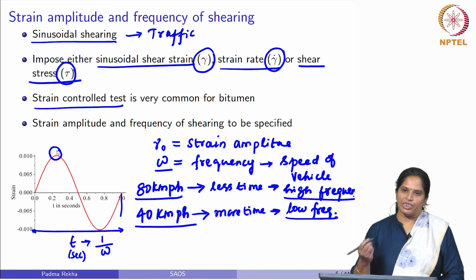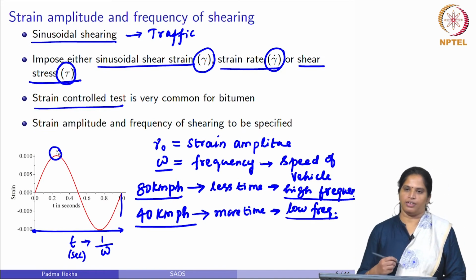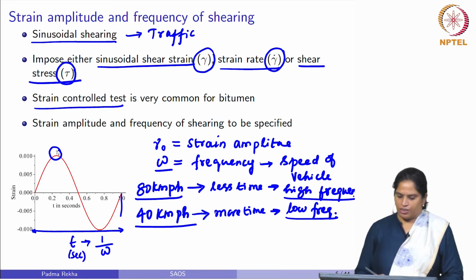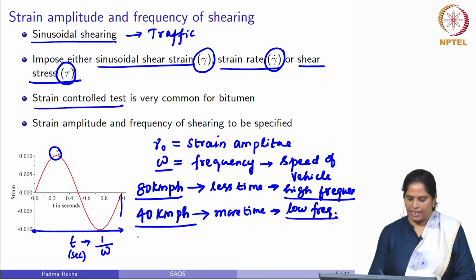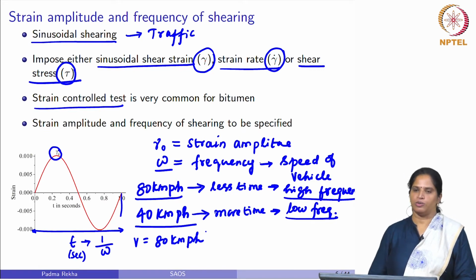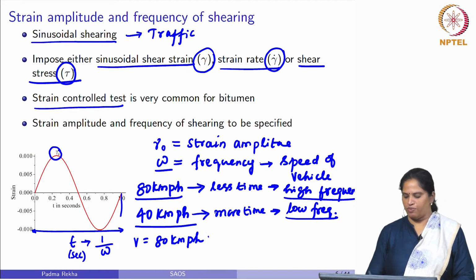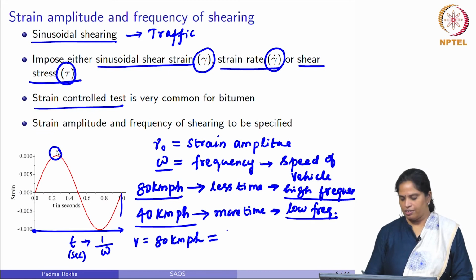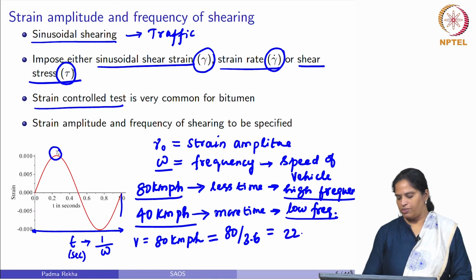Now, what is the relation between the speed of a vehicle and the frequency of a test? For getting this relation, we will take a speed of 80 km per hour. Converting into meter per second, you will get roughly 22.2 meter per second.